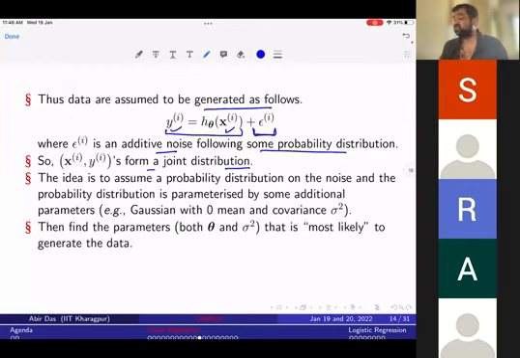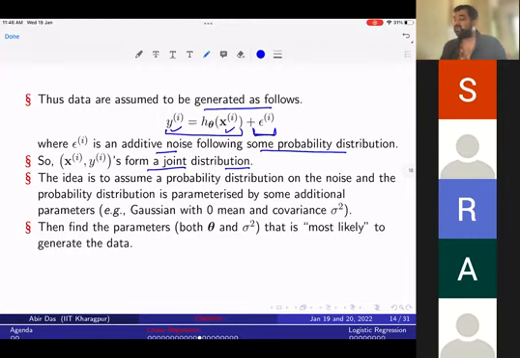So xi, yi forms a joint distribution. If you try to convince yourself, you can go back to the linear Gaussian models that you have studied in your probability courses. So you have a Gaussian noise. If you add it to some constant, the resultant also becomes Gaussian, right?